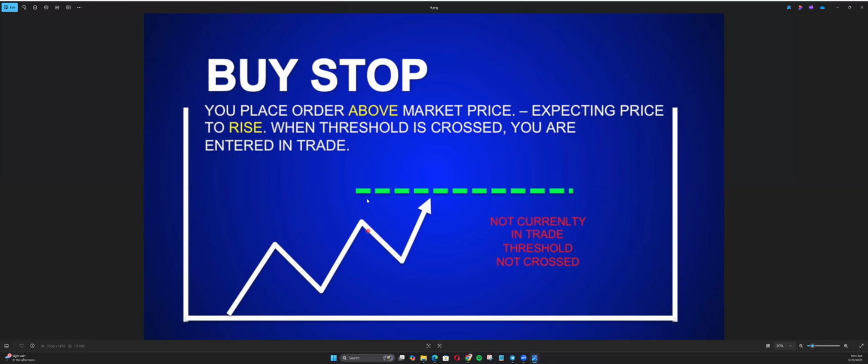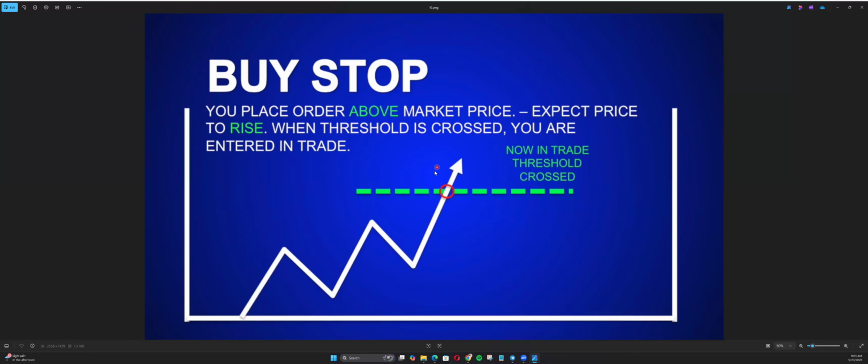A sell stop is placed below current price, while a buy stop is placed above current price. Once price crosses that point, you are entered into the trade in anticipation that the market will keep going upwards.